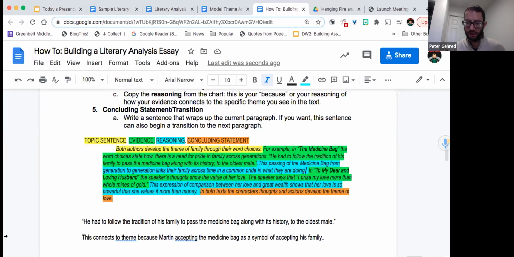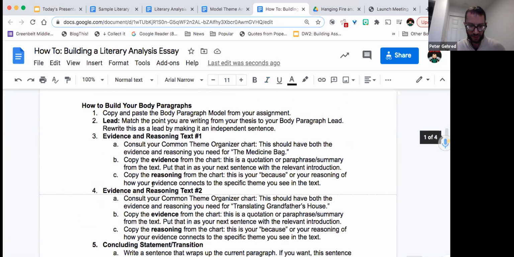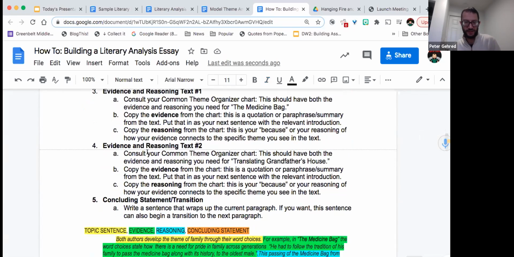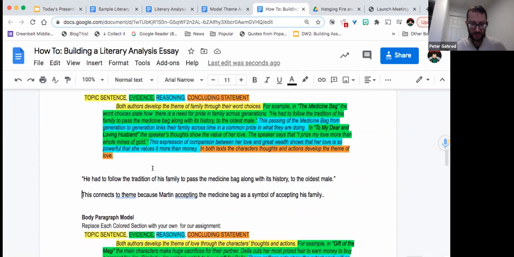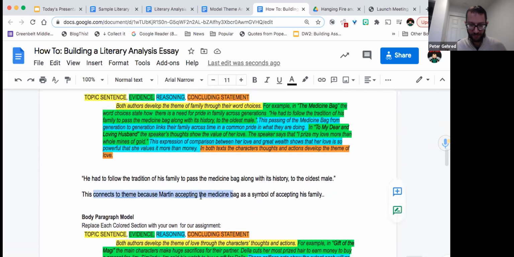And then you would go, that's it, we're done with the medicine bag. Then we look at evidence and reasoning from text 2. Actually, you can take this other one. You want to take this evidence from the other chart. You don't even need that first part necessarily.